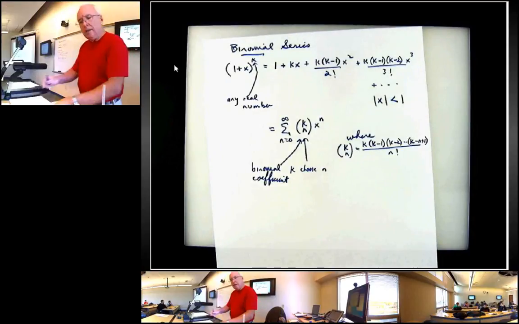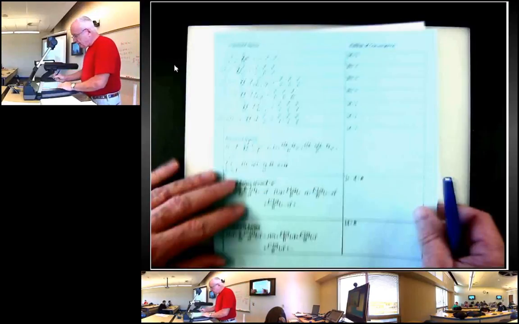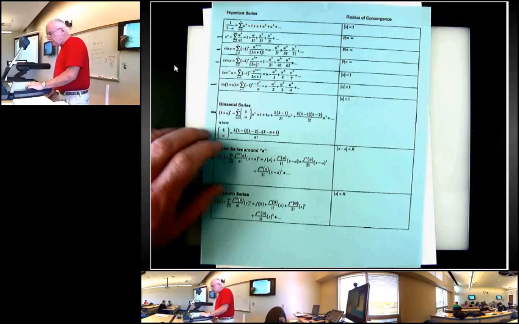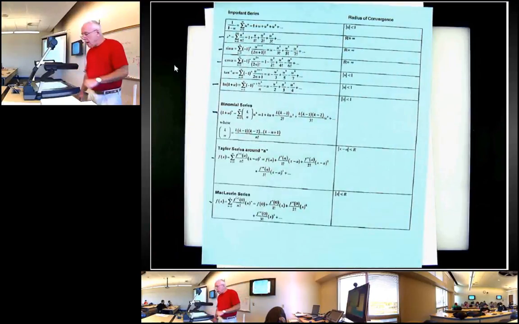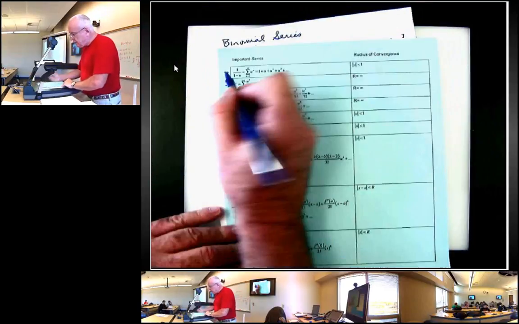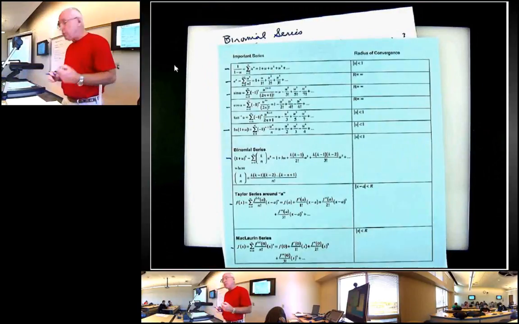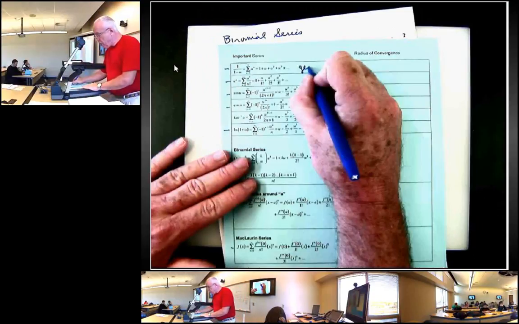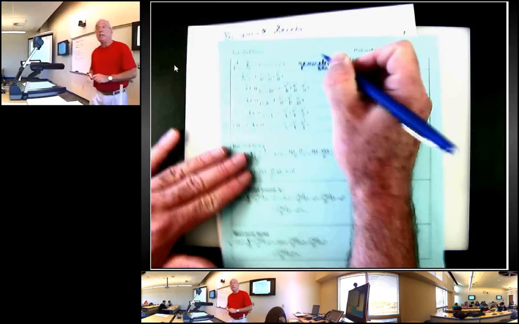Going back to this blue sheet, here's the binomial series represented, except I just used the letter u instead of the letter x. And the one at the very top is the one we were using in the previous section, that geometric series, 1 over 1 minus u.